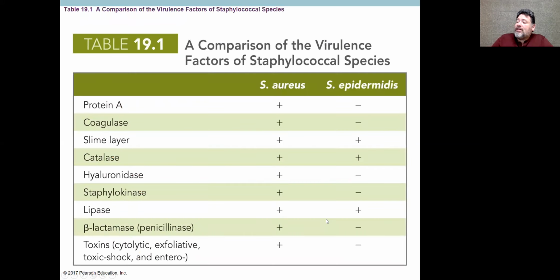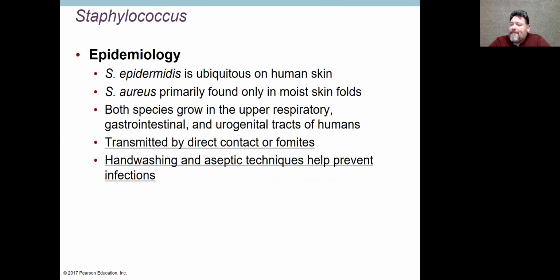Okay, so look at the contrast here. Here's Staphylococcus aureus, here's epidermidis. And notice that Staphylococcus aureus has everything we just mentioned. Epidermidis has a few things. And that's why if you have an opportunistic infection, chances are it's going to be Staphylococcus aureus, not epidermidis.